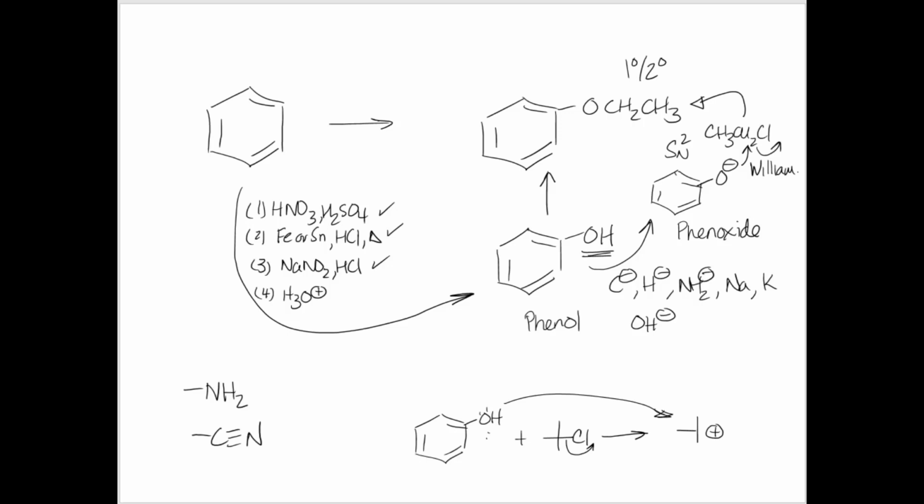So while the Williamson ether synthesis cannot be used to make tertiary ethers, the phenol could be used directly. The only thing you're not going to be able to do is protonate this OH group and have water leave, because putting a carbocation on the benzene ring, in terms of putting it on a carbon-carbon double bond, is not stable.